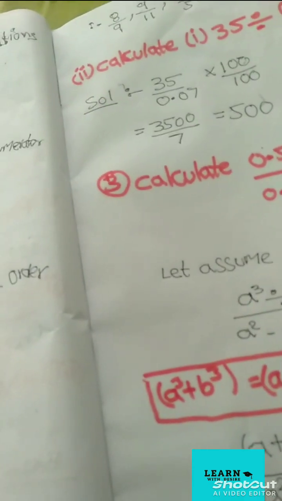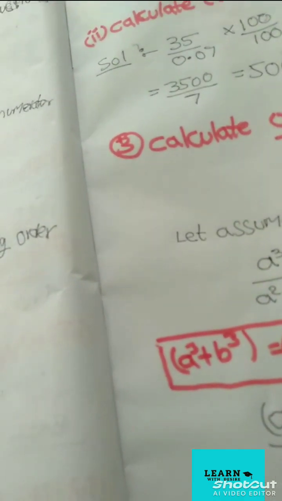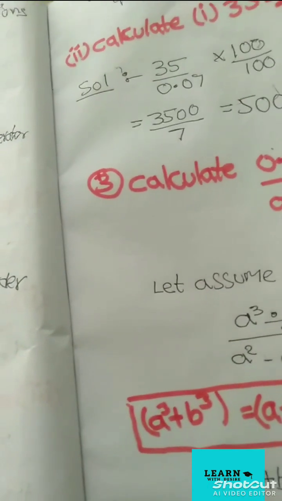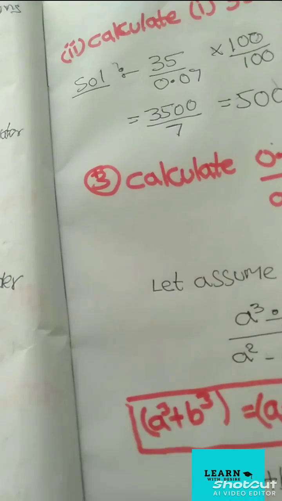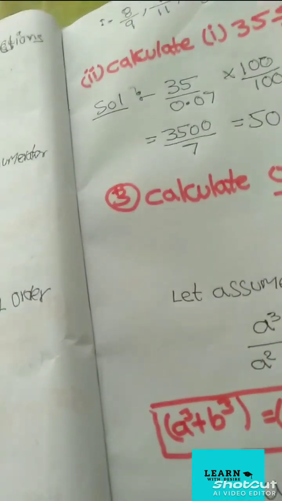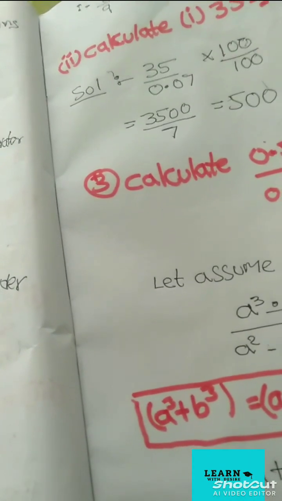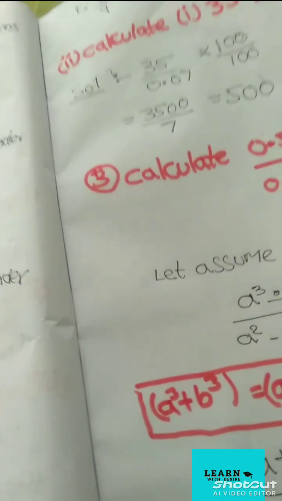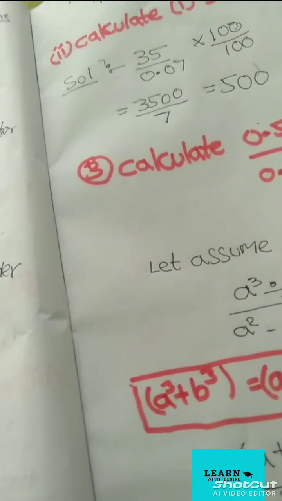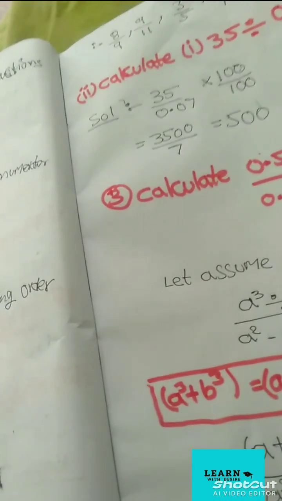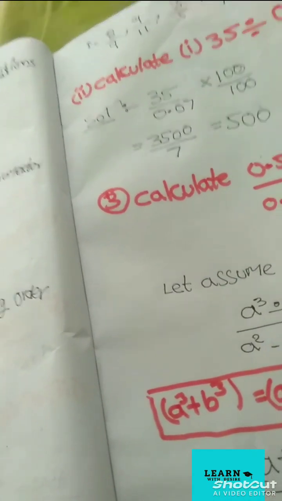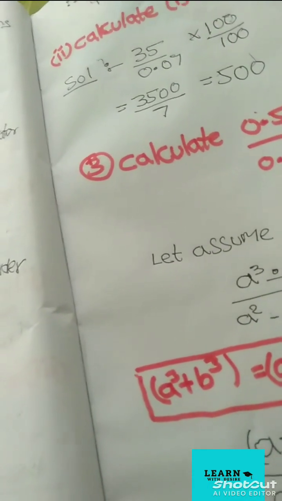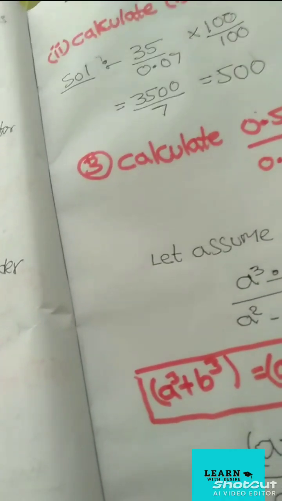We have to take the number according to the digits after the decimal point. For example, if there is one digit after the decimal point, we have to take 10. If there are two digits, we take 100. If there are three digits, we take 1000. Like this, we take the number and multiply it with the numerator and denominator.